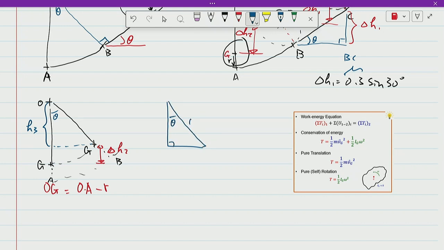We have theta, we have this length OG, so H3 equals OG cosine theta. You can sub in OG equals OA minus R, but we'll save that for a couple steps later.